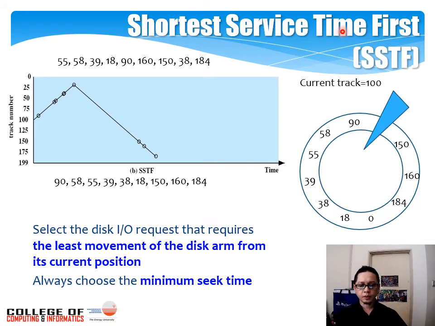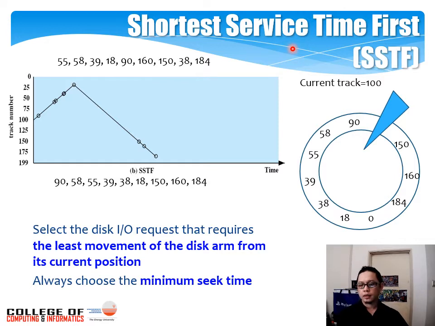For example, with the same requests, 55, 58, 39, 18, 90, 160, 150, 38, and 184, we are not doing first in, first out. Instead, we are doing shortest service time first.